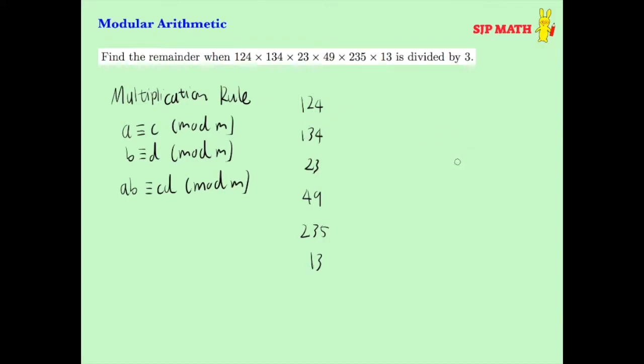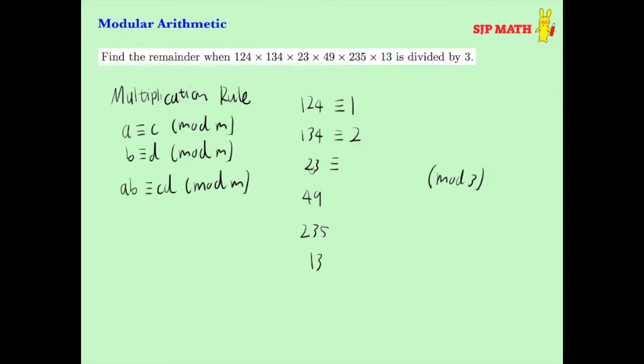So for each number, we're going to look at its remainder when it's divided by 3, that is, what it is congruent to in mod 3. So 124 has a remainder of 1 when divided by 3, so it's congruent to 1 mod 3. And 134 has a remainder of 2 when divided by 3, so it's congruent to 2 mod 3.